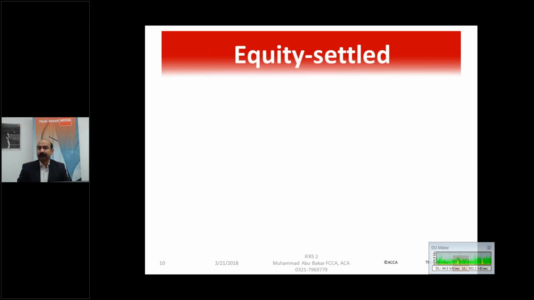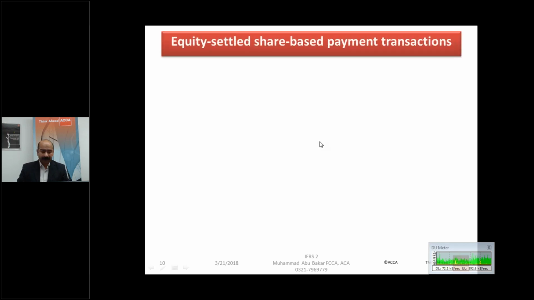See, whenever you buy goods or assets, I suppose my pen should work. How can I make sure that it works? Let me try something. It was working before the start of this session.